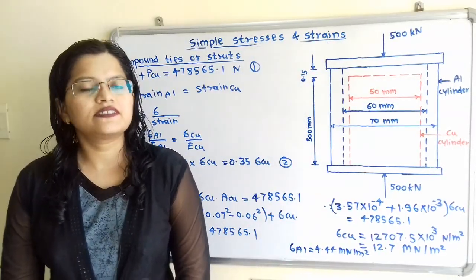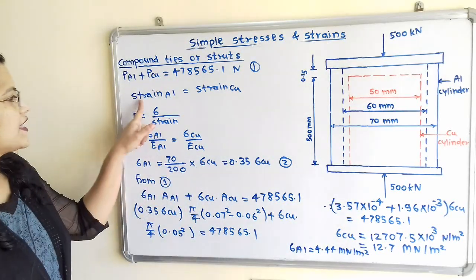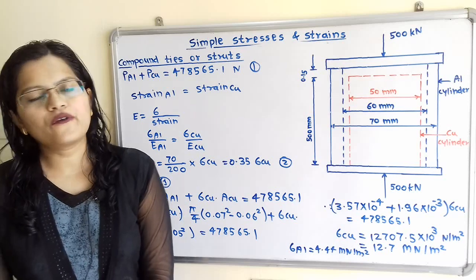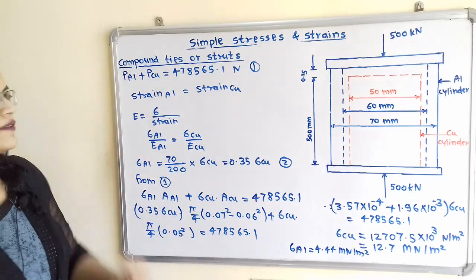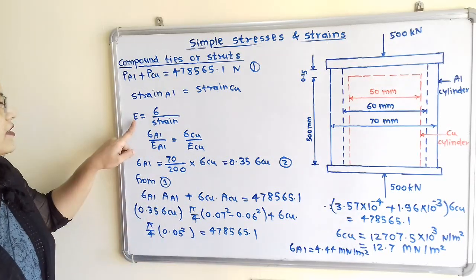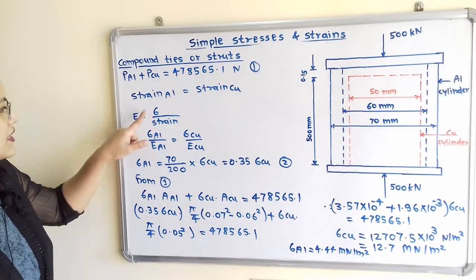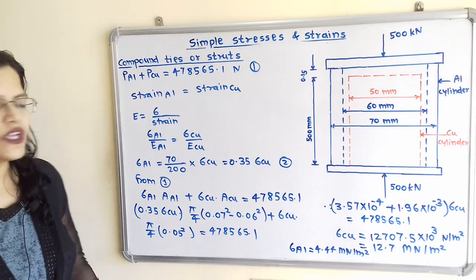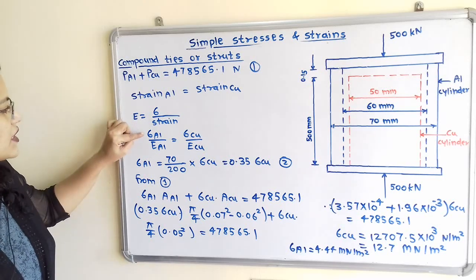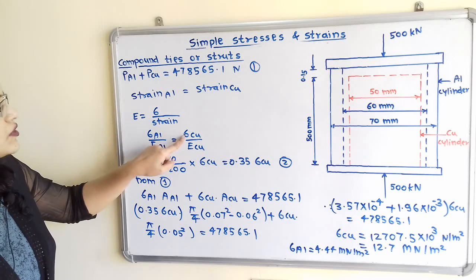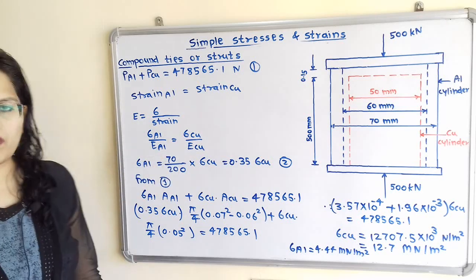Now we will take the second rule. We know that strain in aluminum is equal to strain in copper. How can we write this in terms of sigma? We know that Young's modulus E is equal to sigma by strain, and therefore strain is equal to sigma by E. So we write the equation: sigma aluminium divided by E aluminium is equal to sigma copper divided by E copper.